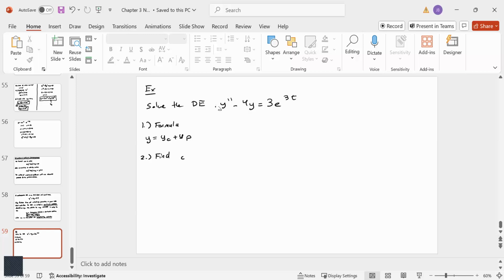So now we're just doing 3.1, 3.2, 3.3, 3.4 here. R squared minus, now it's 4y, not 4y prime. That's very important. So R squared minus 4 equals 0, right? Set equal to 0.